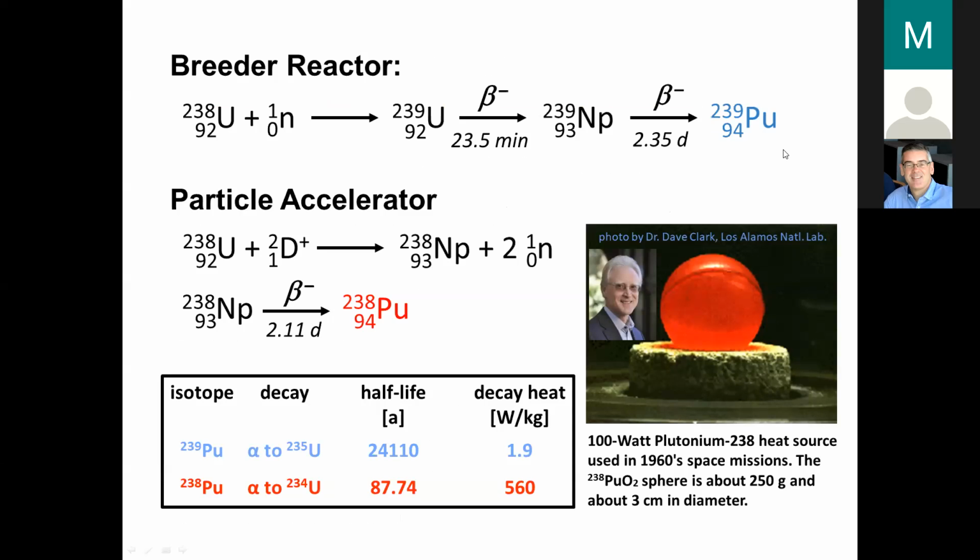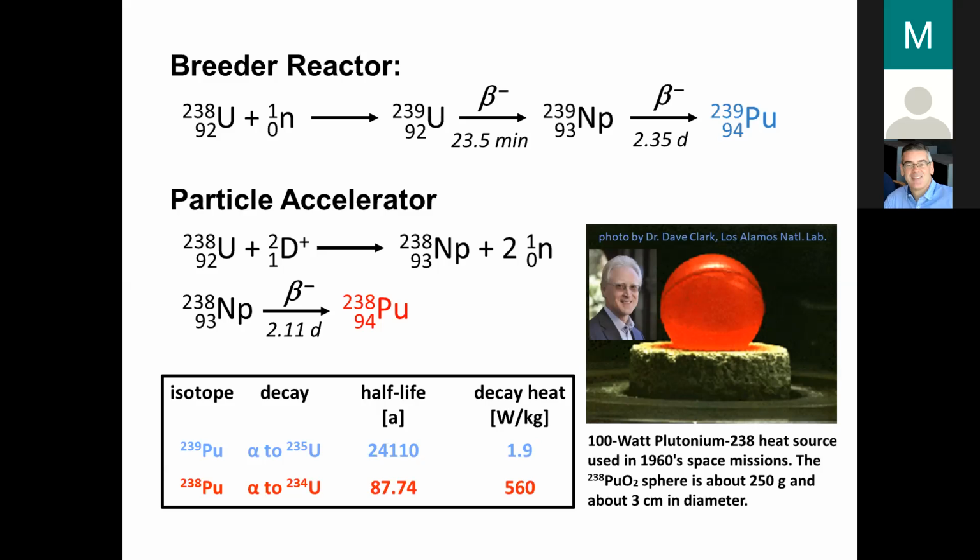And you may realize that both ways to make plutonium, either in the breeder reactor or in the particle accelerator, form different isotopes. And while the different isotopes of plutonium have very similar or identical chemical properties for synthetic chemistry of making plutonium complexes, their radiochemistry is vastly different.